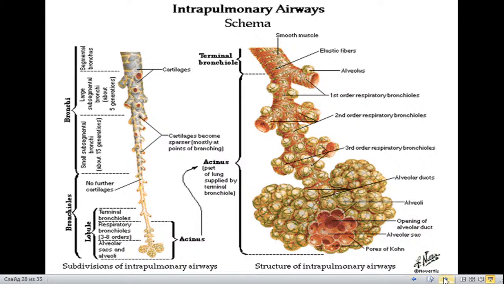You have to memorize this. The respiratory bronchioles also divide dichotomically, which means into two.